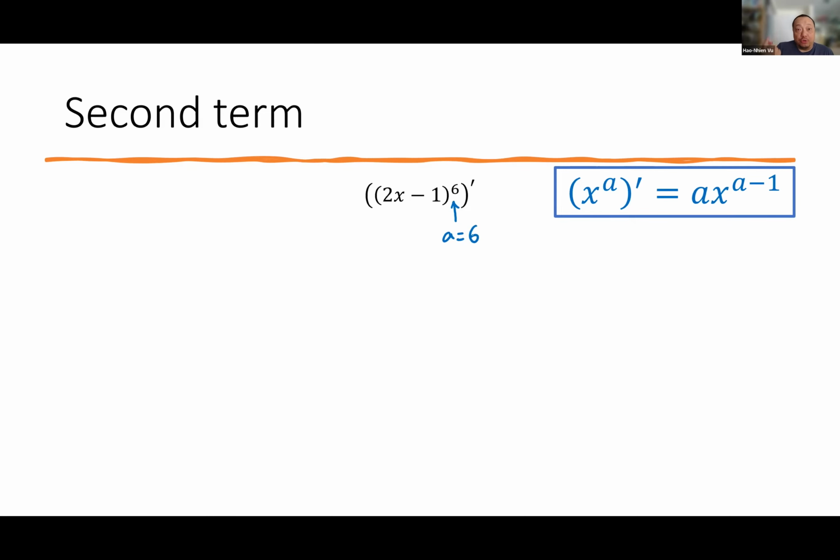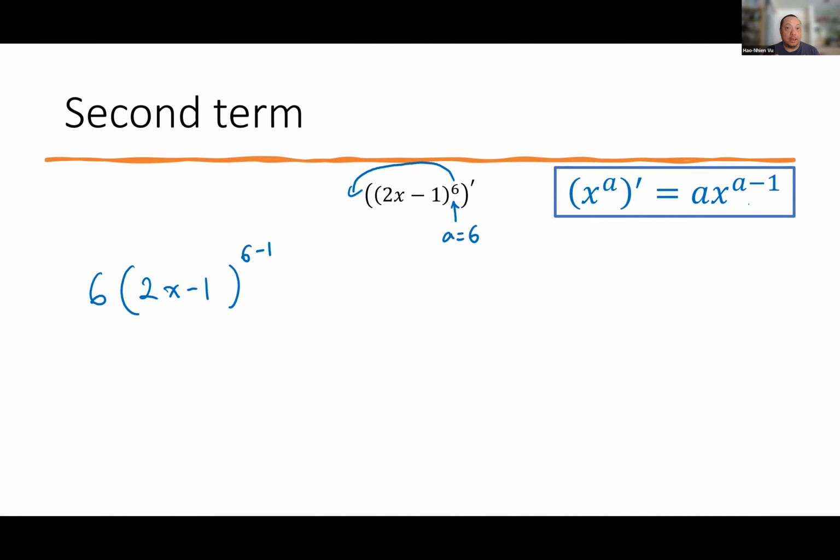So the way I visualize doing the power rule is that the 6 goes in front, and I also subtract 1 from the exponent. And then I copy down what's here.